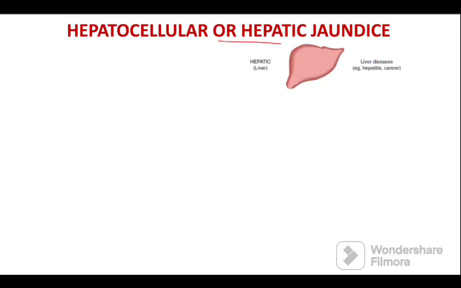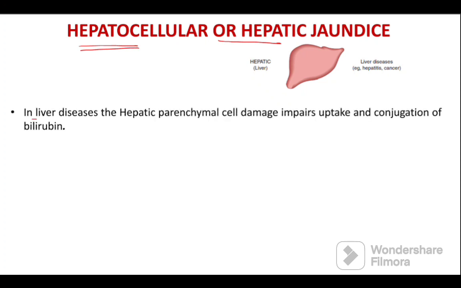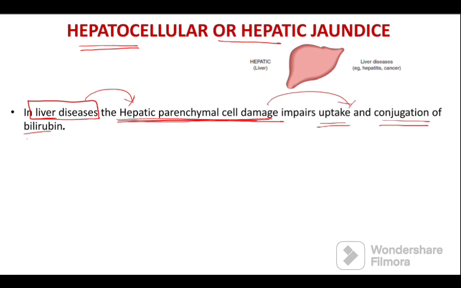Next, coming to hepatic or hepatocellular jaundice. Now this occurs because of liver diseases as such. In these liver diseases, there will be hepatic parenchymal cell damage. This hepatic parenchymal cell damage impairs the uptake as well as conjugation of bilirubin.